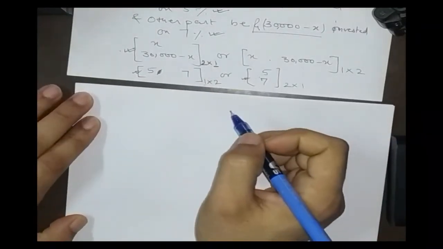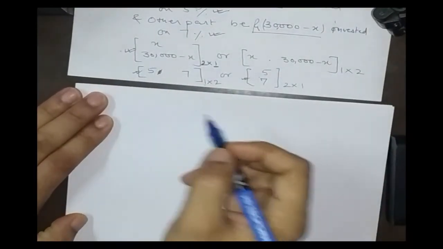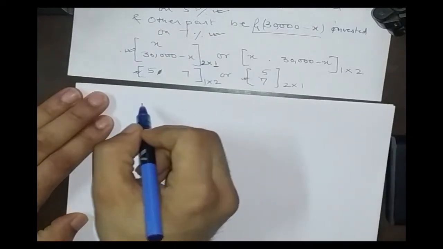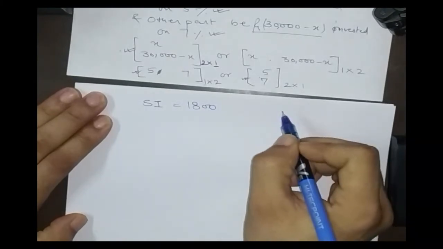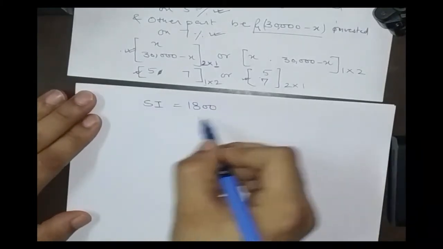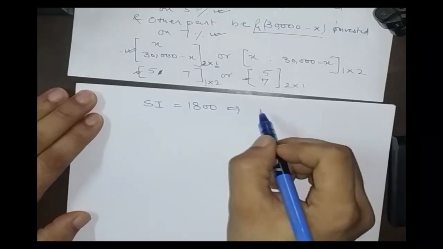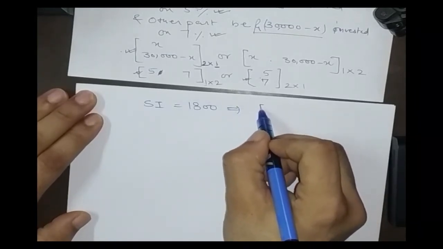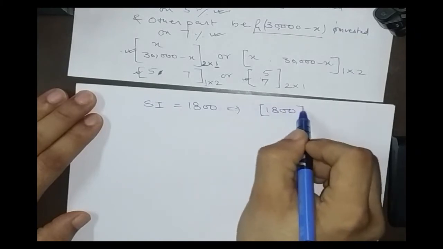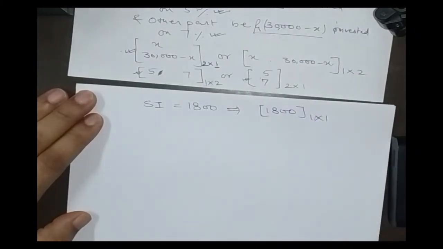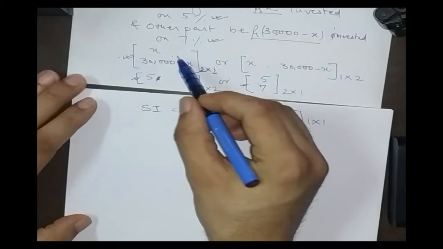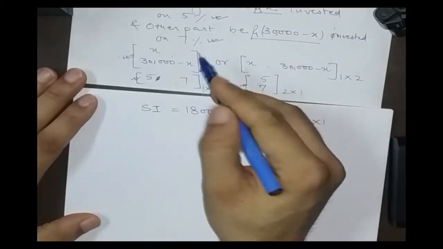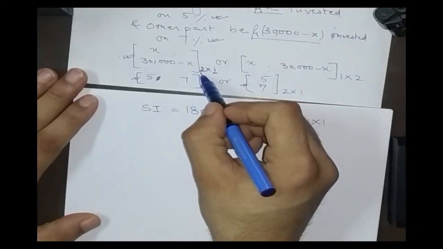Now which way will we take it? The SI is given, SI is 1800. So if I write it as a matrix, it will be a 1 into 1 matrix.